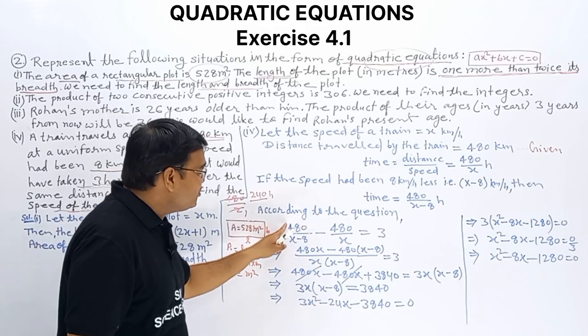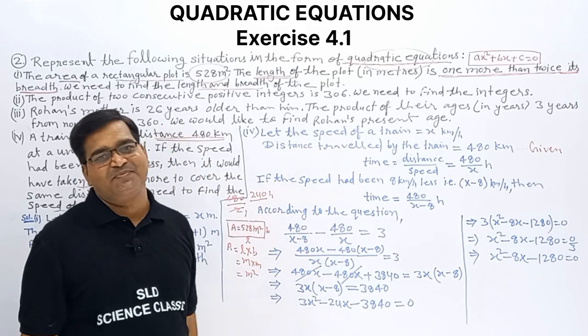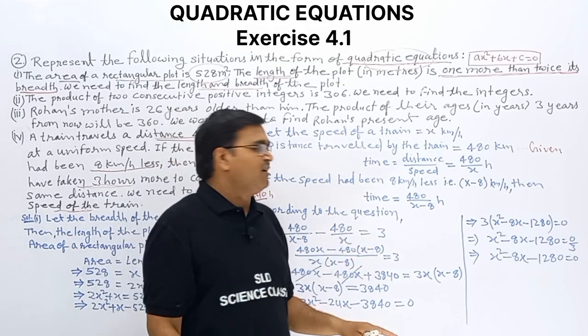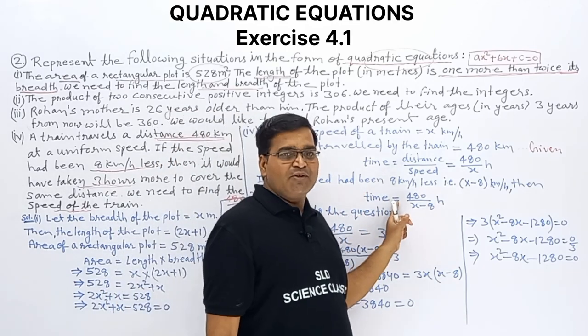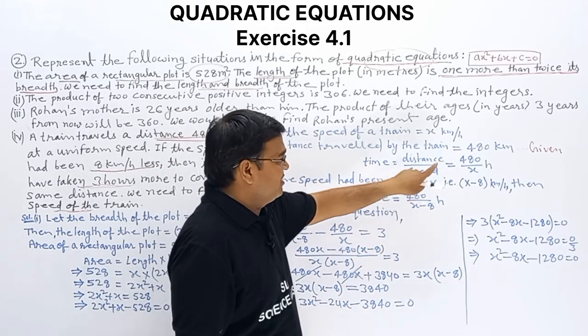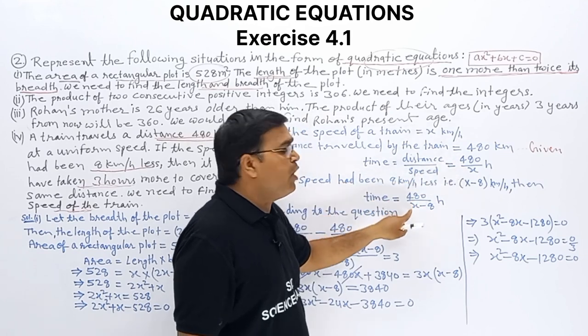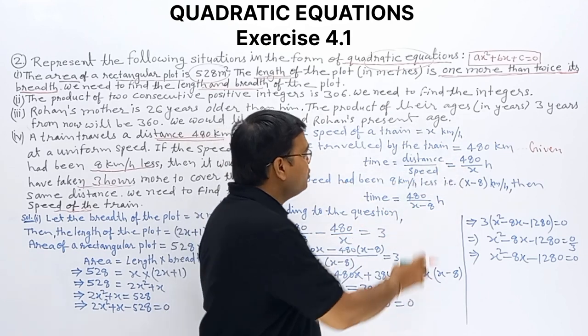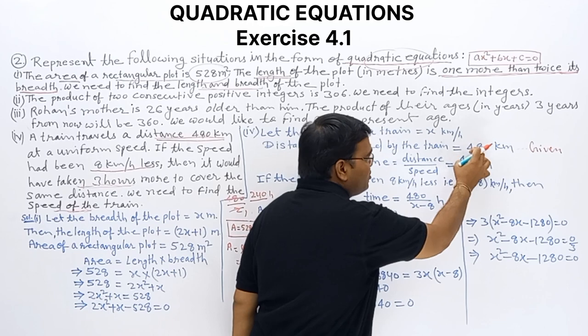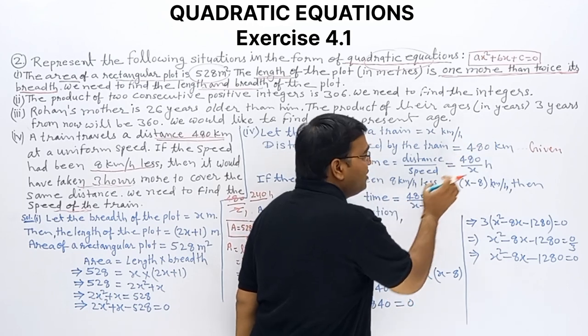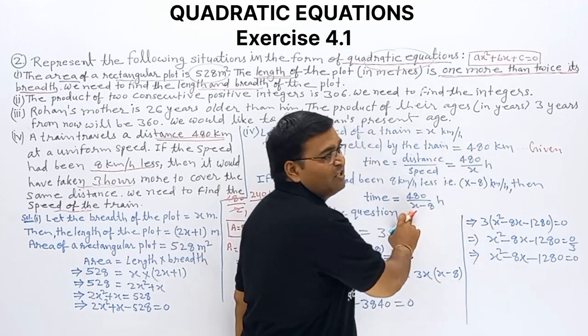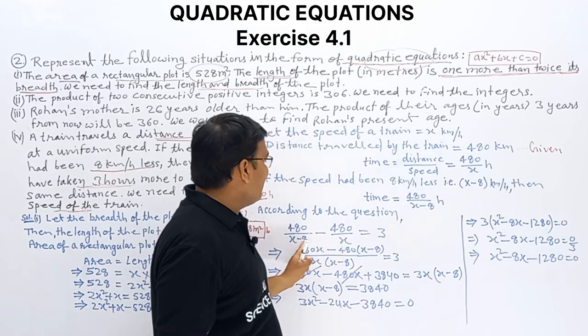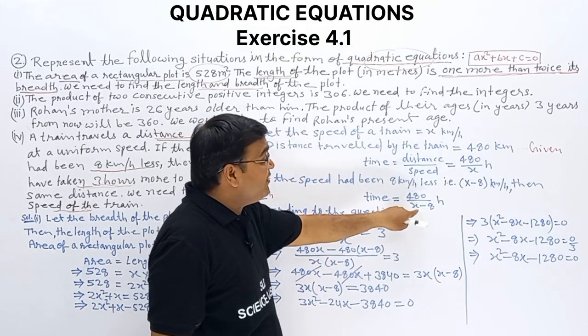It means this one is taking more time. If we reduce speed, then time will be more. So we will subtract this one from this one. So we are writing like this. Why are we taking this one first?